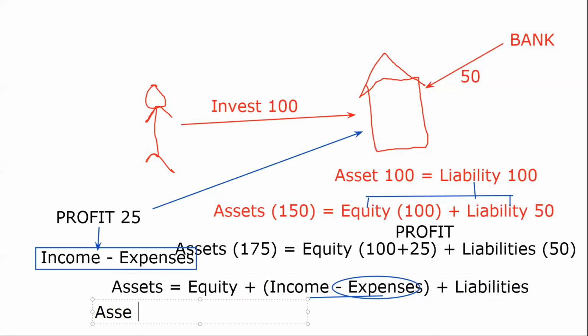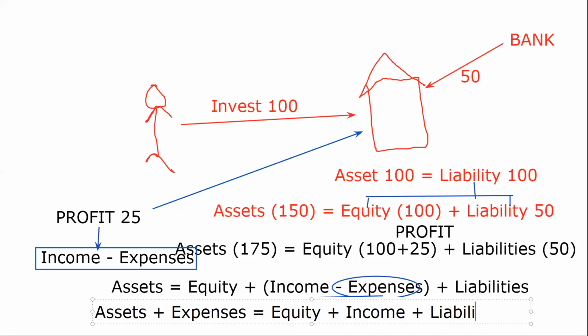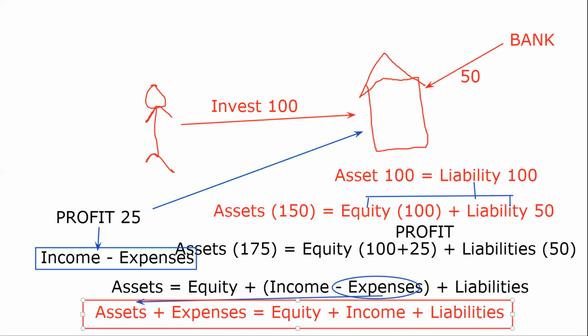Then finally we derive: assets plus expenses equals equity plus income plus liabilities. So this is the equation which we use for the double entry principle.